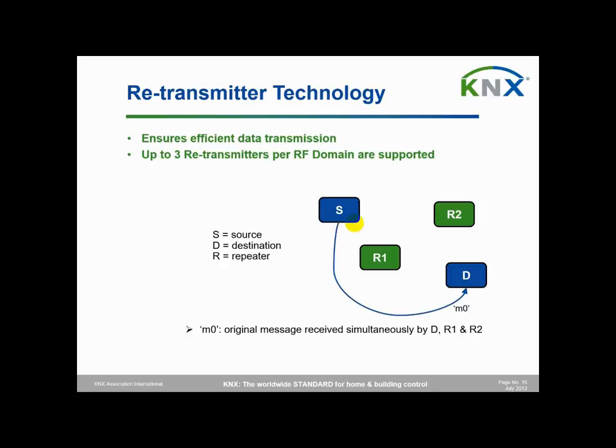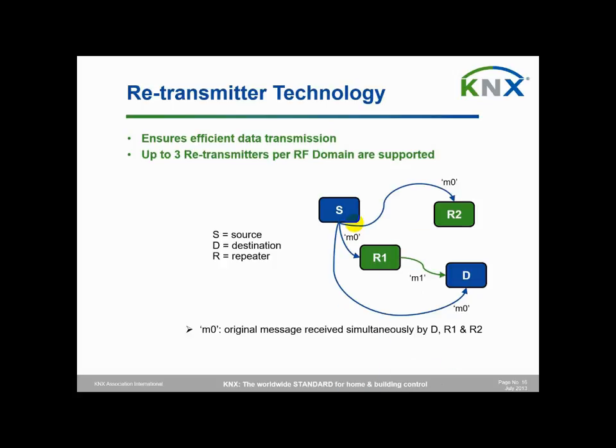There is a chance, of course, that the message is directly received by the destination. So that's this arrow. However, if this fails, then there is still retransmitter 1, that will repeat the original message, M0, and that will then result in M1. So that's a second chance to reach the destination.